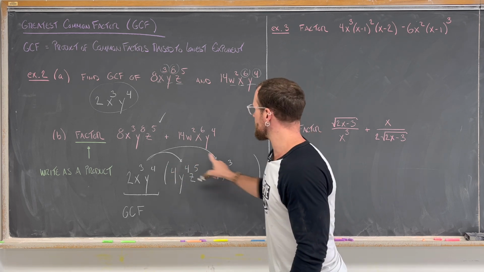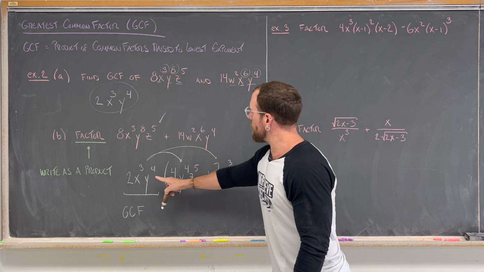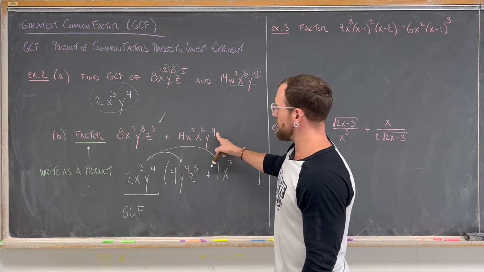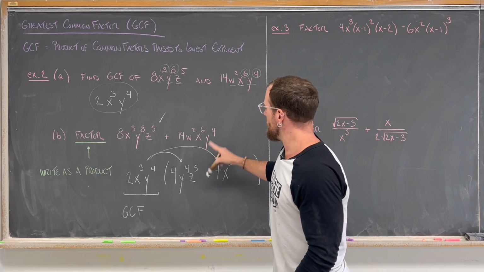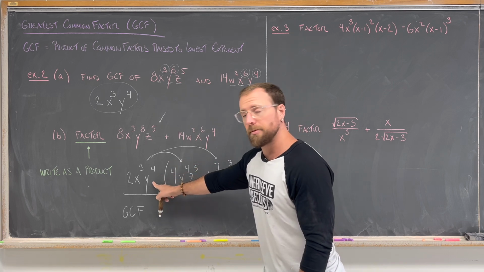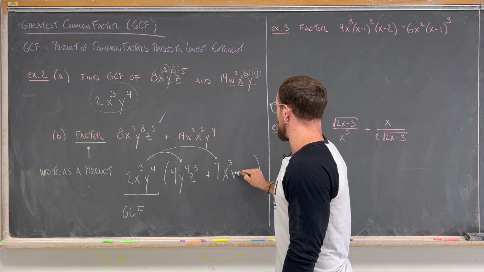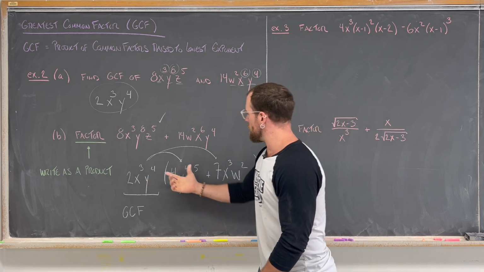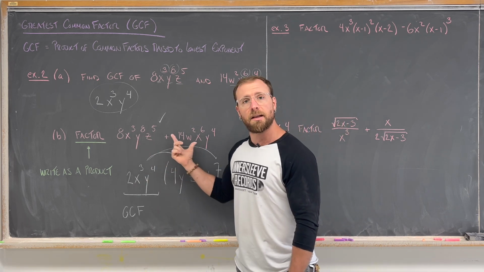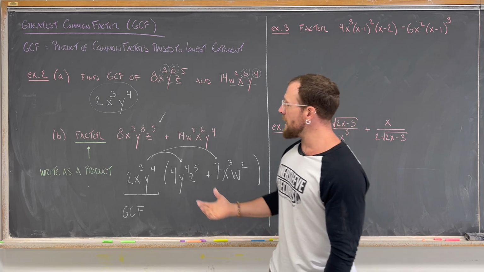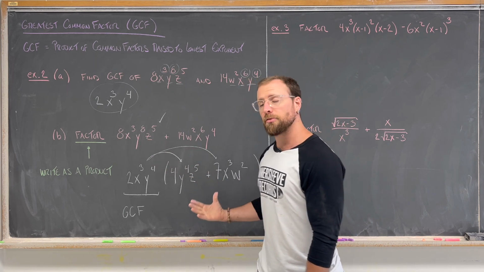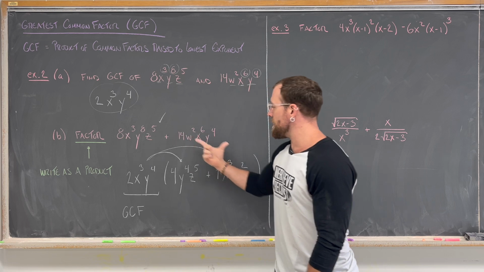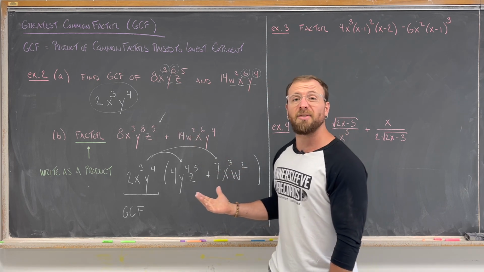X cubed times x cubed is x to the 6th. Y to the 4th, I already have the right number of y's. Oh, I skipped over w. There are no w's here. I need to multiply this by a w squared. Okay? So if you perform the distribution, you will recover the previous line. What we've accomplished is that now we've rewritten this expression as a product. It is something times something. It has now been factored.